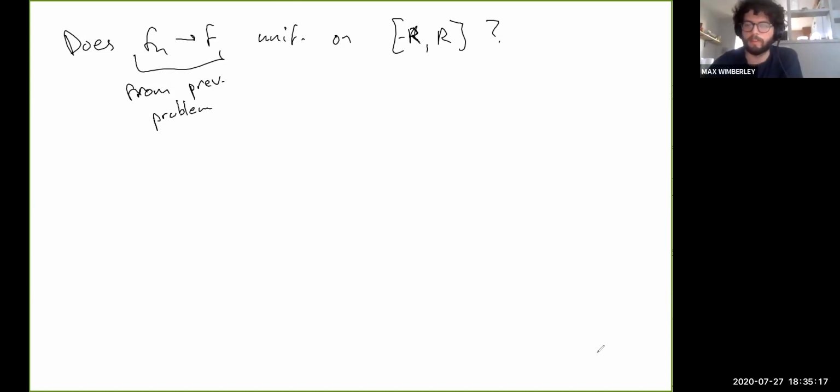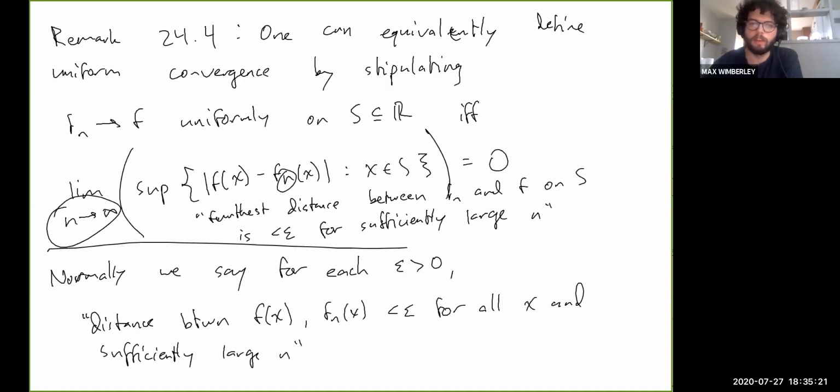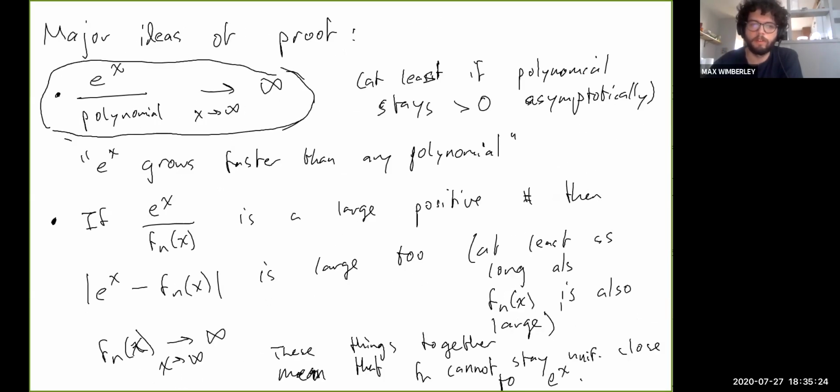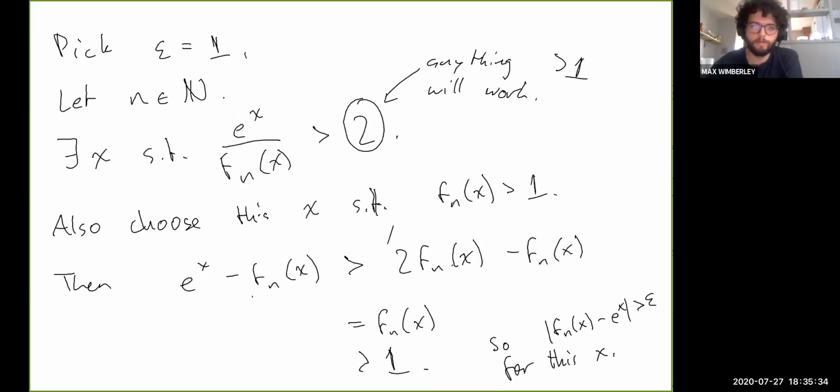Another way of seeing why we should expect it to converge uniformly is that, as n gets bigger and bigger, here what we were doing is choosing an x value for each fn such that e to the x is far away from fn.